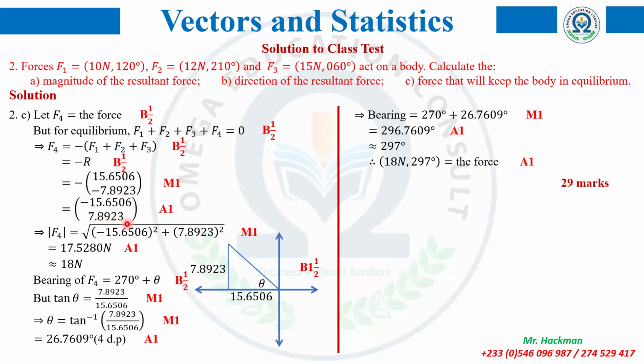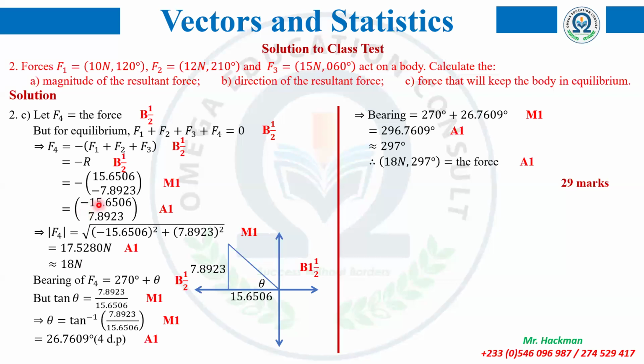But you cannot conclude this. Remember, because the forces came in the magnitude-bearing form, any other force that you are asked to find must equally be stated or left in that form. So now you know F sub 4 in column form. So you should take this force in column form to its magnitude and bearing. So what do you do? You go and find the magnitude.